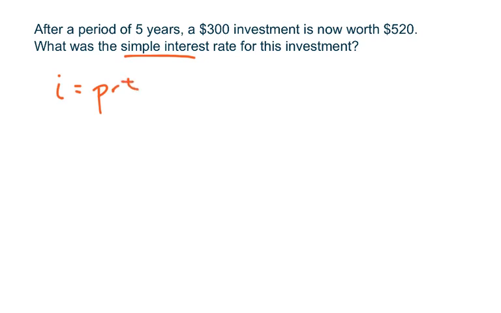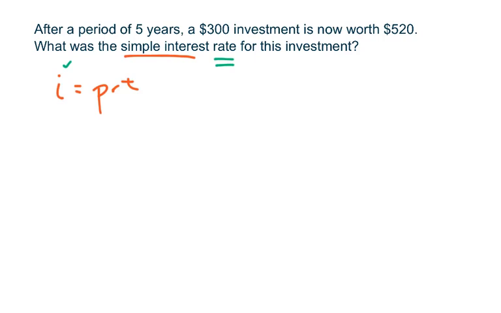This problem's a little bit different from the last one, however, because here we are asked to find the rate. So now, instead of looking for I, we're looking for R. We're going to plug in for all the other values, and then we're going to use a little bit of algebra to find R. So let's see here. We've got to plug in for I, the amount of interest that was earned.